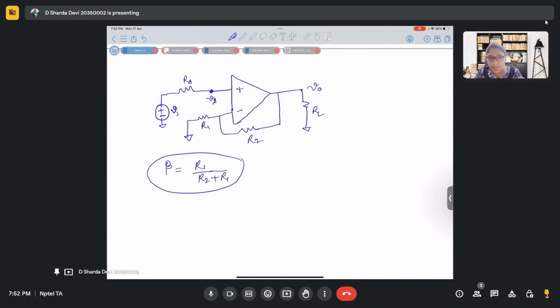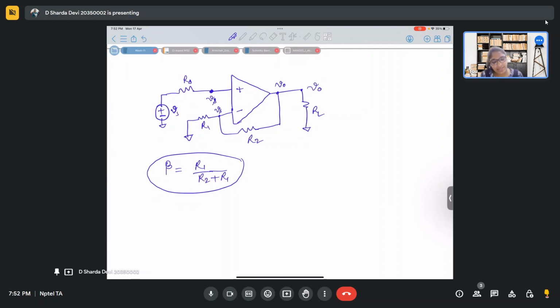And you know the virtual short concept, right? That is applied for op amp. So with that virtual short concept, your Vs will also appear here, right? Here you have V naught.